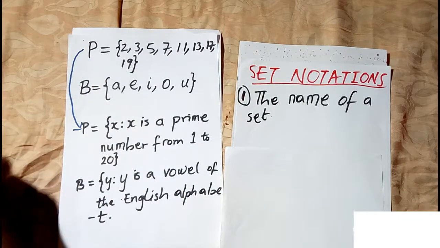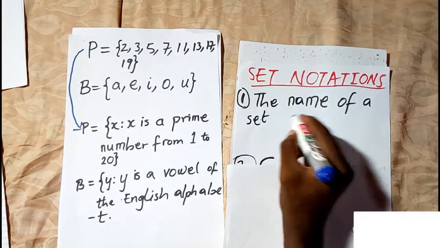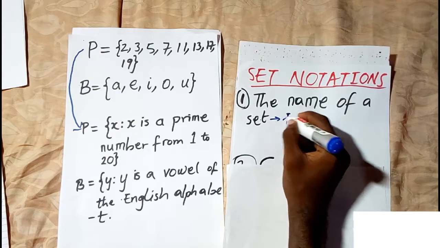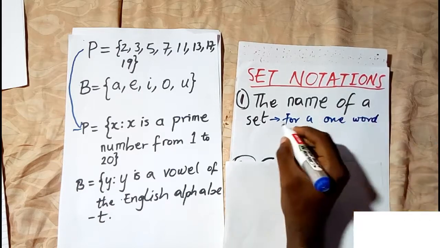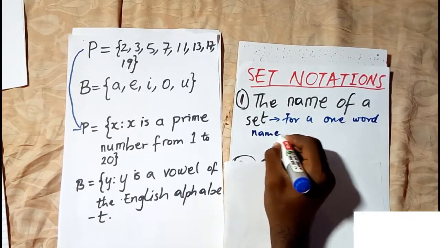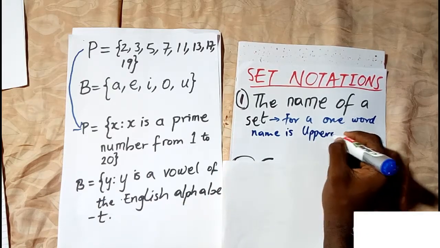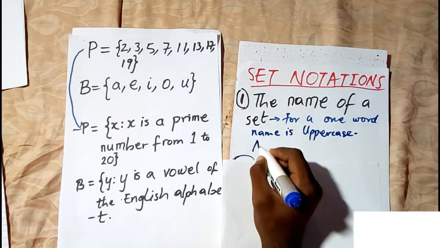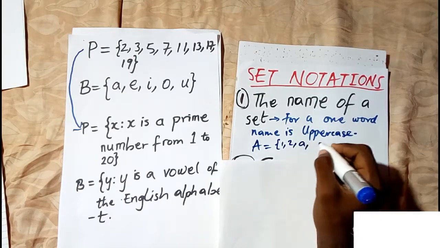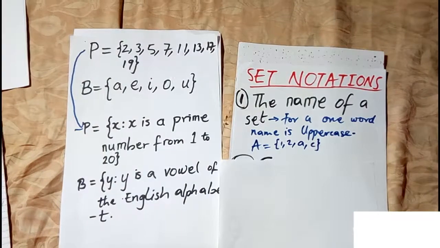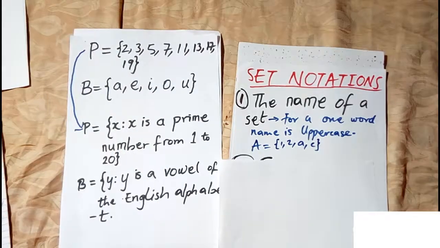Or let's say A, capital letter. So a one word set name is uppercase. Let's take for instance A equals the set of 1, 2, A, C. And we have P here, which is the example we have here. P is a capital letter, and we have B here, capital letter.